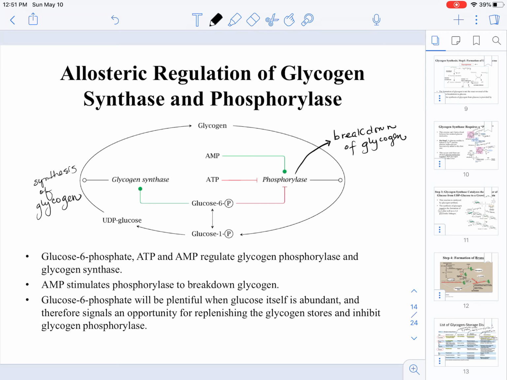Now, as you can see here, we have things that are going to be activating these pathways, but we also have things that are going to be inhibiting these pathways. And they're going to be done in an allosteric regulation form.